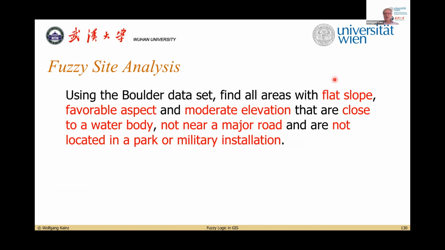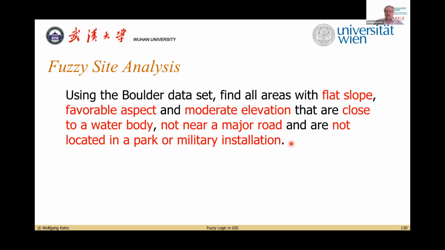So all those conditions, except the park and the military installation, are fuzzy conditions. Only being located in a park or military installation is not fuzzy because there is no fuzziness in that condition.